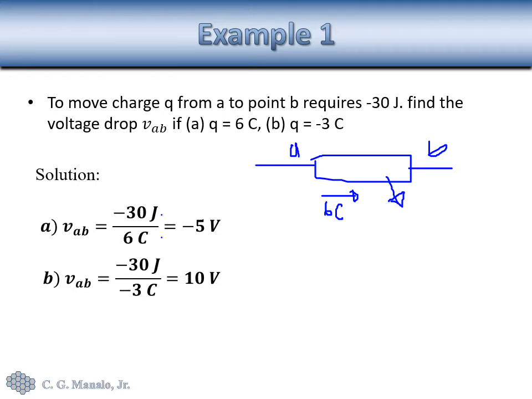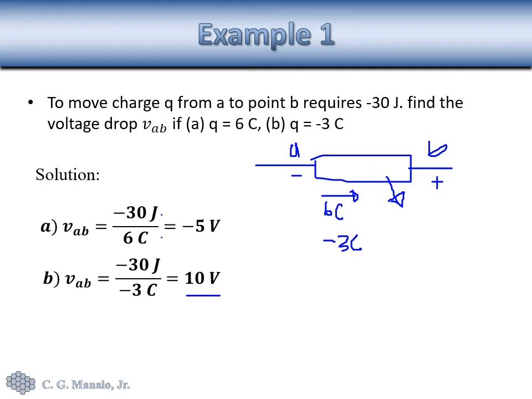So therefore, we can conclude that terminal A here is less positive than B, or B is more positive than A. Now on the second condition, we let a negative 3 coulombs pass through the element, and according to the computation, that will yield positive 10 volts.